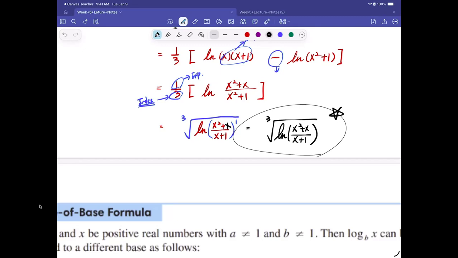So don't forget the third, okay? Third root of ln and then x squared plus x all over x plus 1. Good. Question?